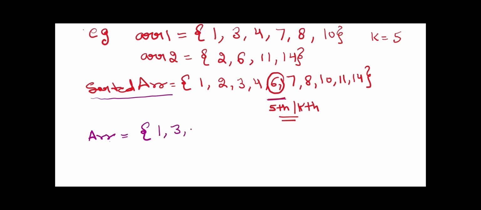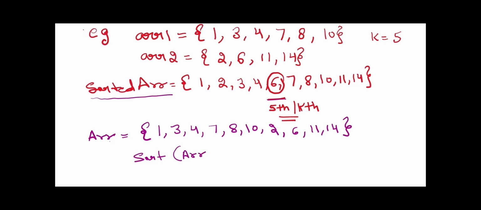First let's insert all the elements of the first array. Then we insert all the elements of array 2. Now we can sort this array. After sorting, this array will look like this.